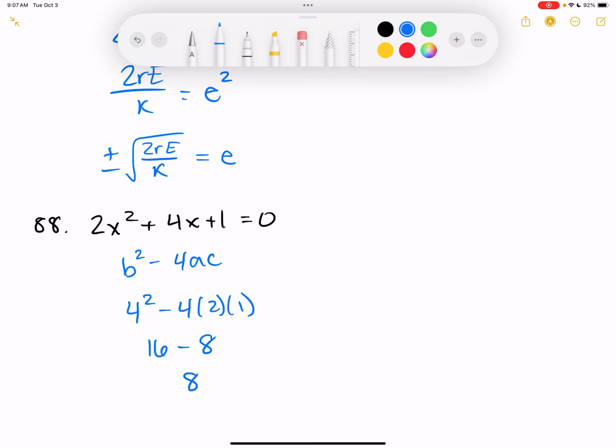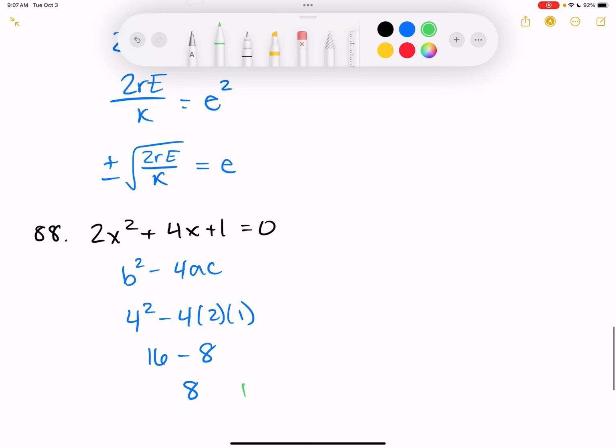So the answer to this: they want you to find this number, then they want you to say positive, not a perfect square, so irrational, and 2 solutions.